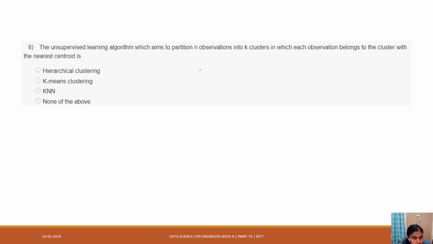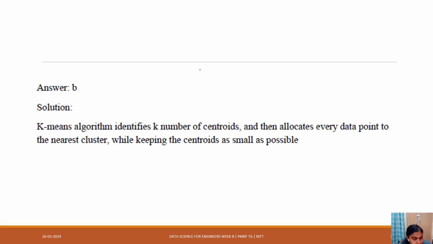Okay, I've got B. Yeah, that's true. So the k-means algorithm identifies k number of centroids and then allocates every data point to the nearest cluster while keeping the centroids as small as possible. So the answer is B.